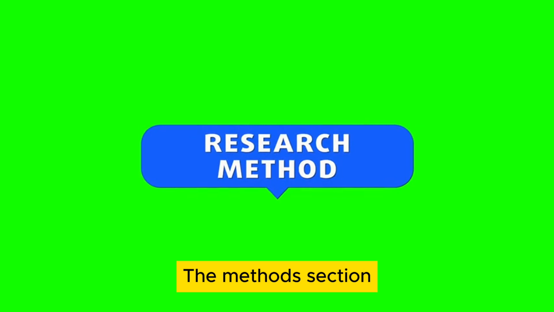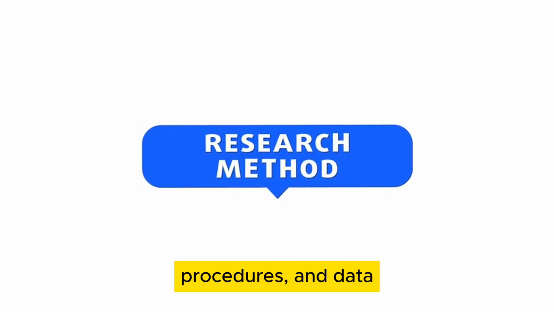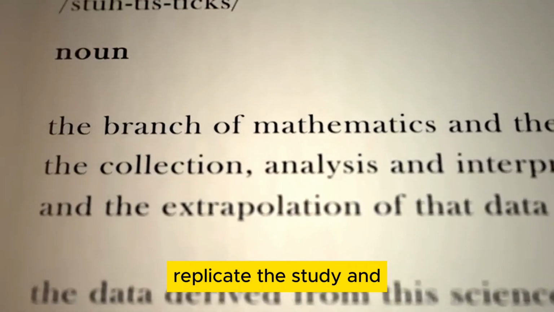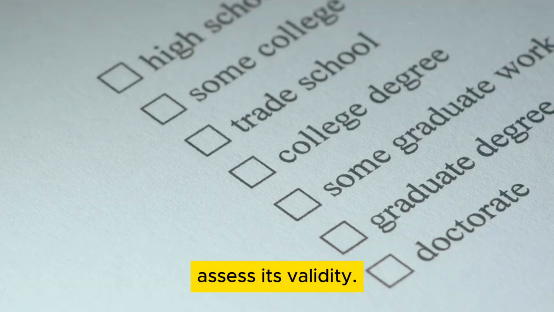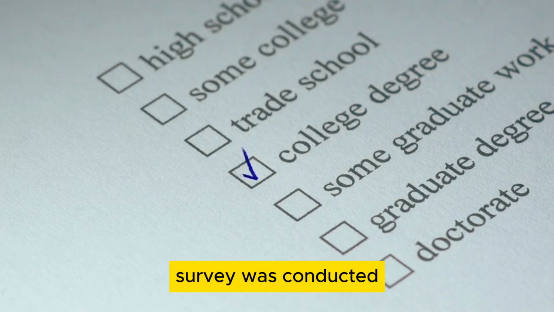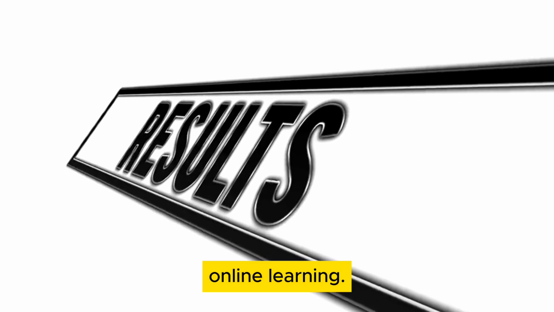The methods section describes the research design, participants, procedures, and data analysis techniques. This allows others to replicate the study and assess its validity. For example, a methods section might detail how a survey was conducted to assess student attitudes towards online learning.